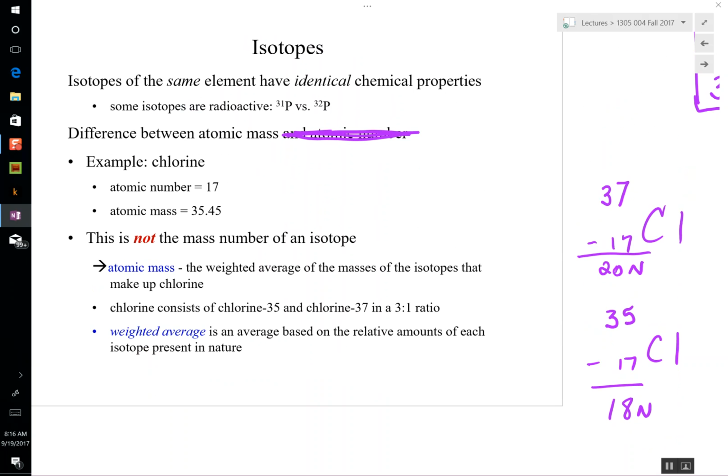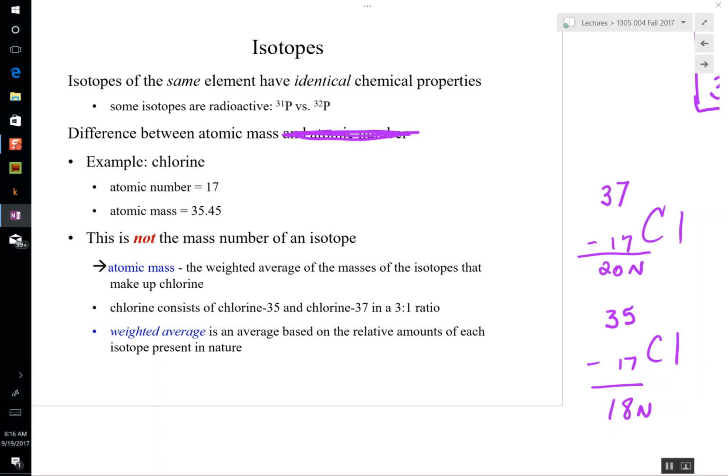I'm trying to think of an analogy here. If it was 50-50, in other words, if it turned out in nature just by chance, half of them were this and half of them were this, the average weight of a chlorine atom would be the average of these two, right?